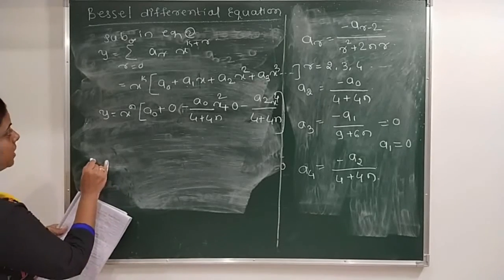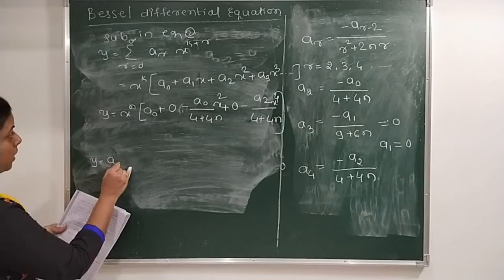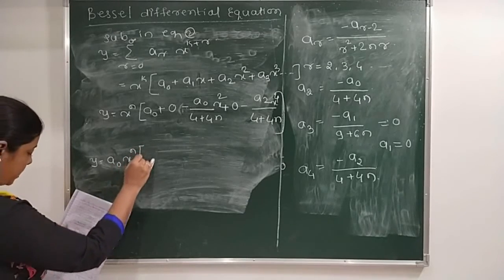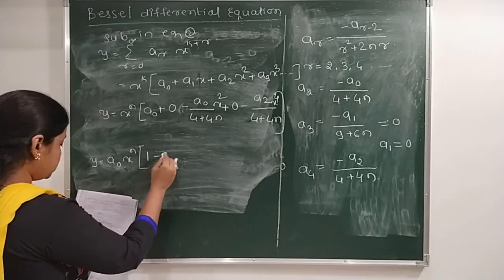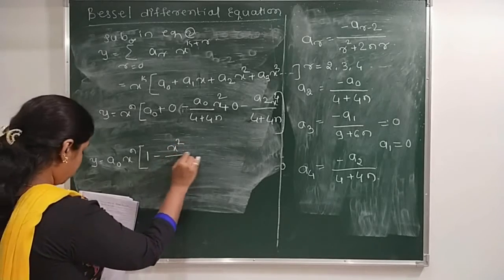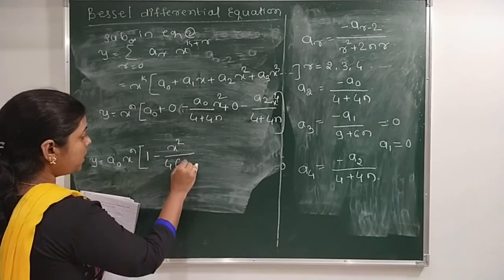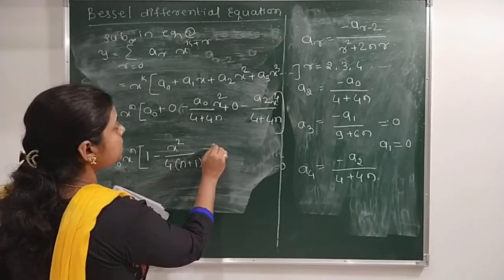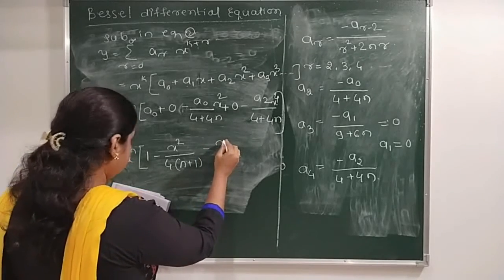Now simplifying this term, y is equal to a0 x raised to n, we can take a common, 1 minus x square divided by 4 into n plus 1, minus a2.